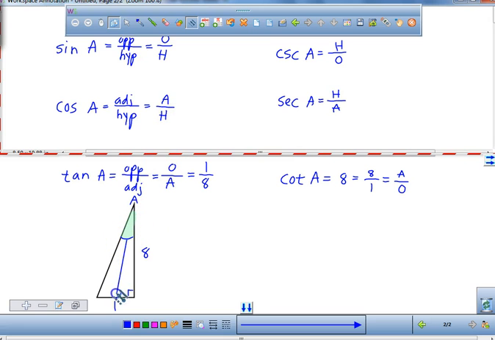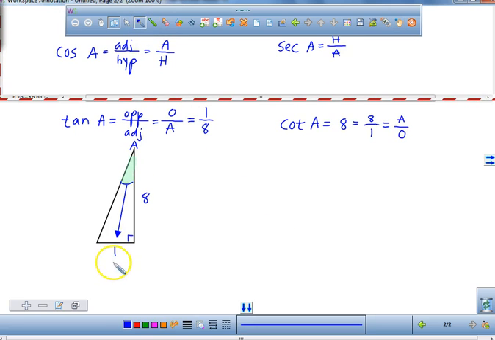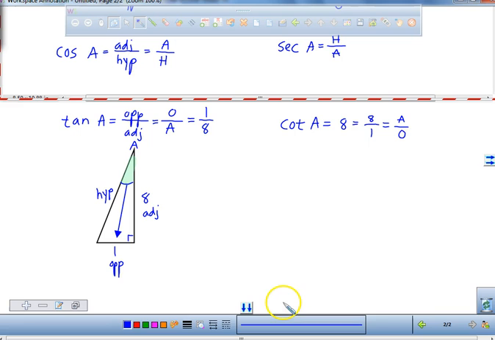Draw an arrow labeling my opposite side, which means this is my adjacent side, which means this side must be my hypotenuse. So draw that picture right in.